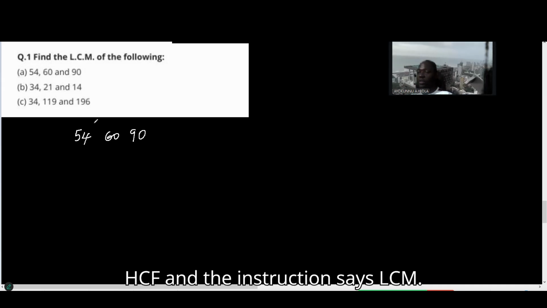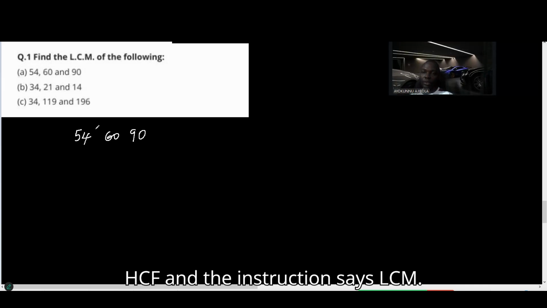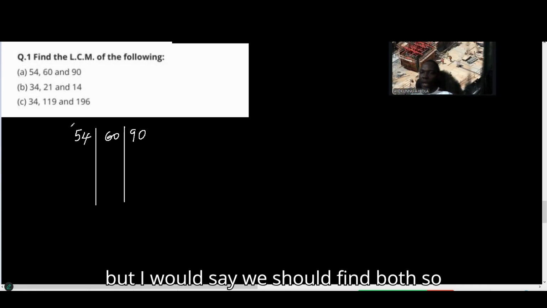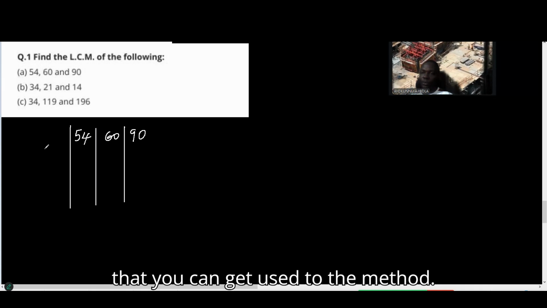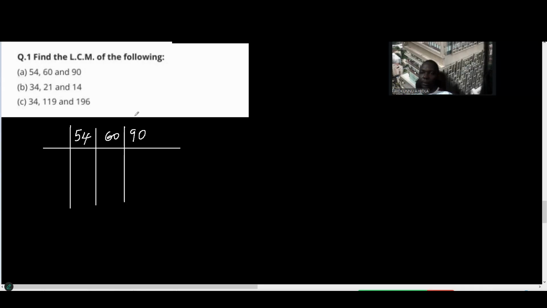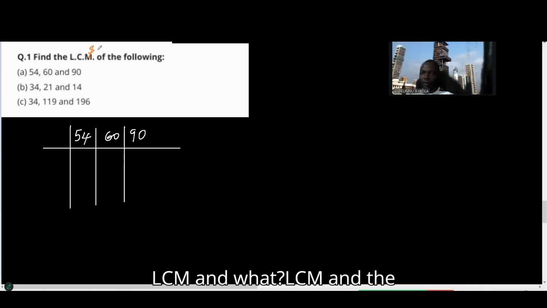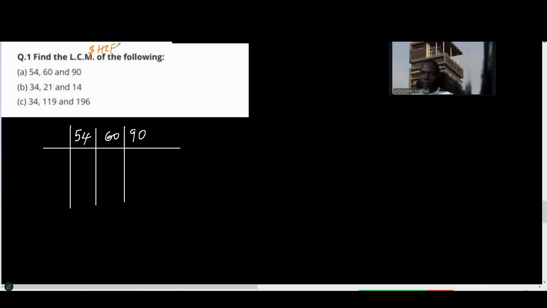The instruction says HCF and the instruction says LCM, but I would say we should find both so that you can get used to the method. So I want us to find both the LCM and the HCF, right?